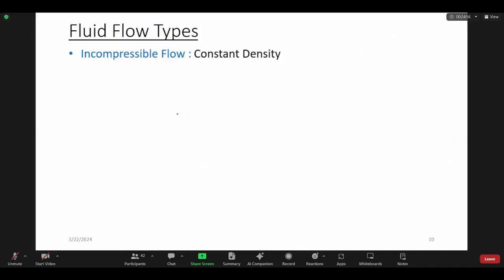What is incompressible flow? What is compressible flow?